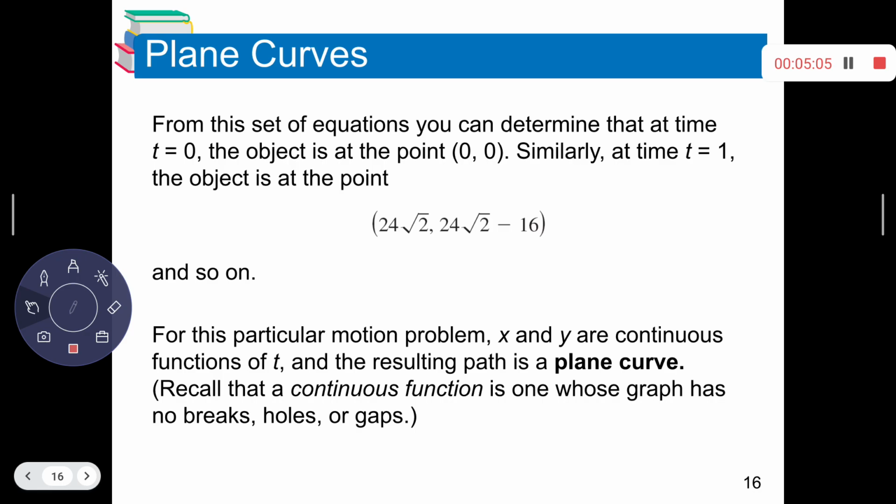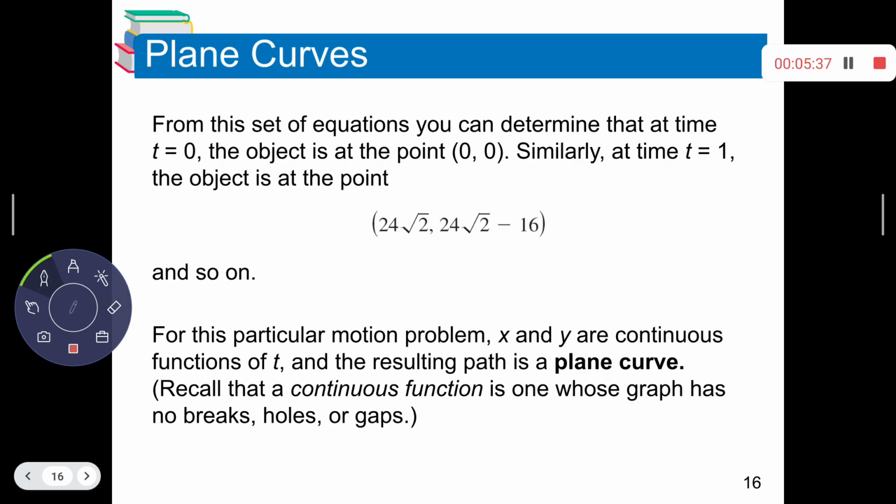For this particular motion problem, x and y are continuous functions of t, which is why I wrote them as x of t and y of t. So t is your input, time is your independent variable. Time is always independent. And the resulting path we call the plane curve. Recall that a continuous function is one whose graph has no breaks, holes, or gaps.